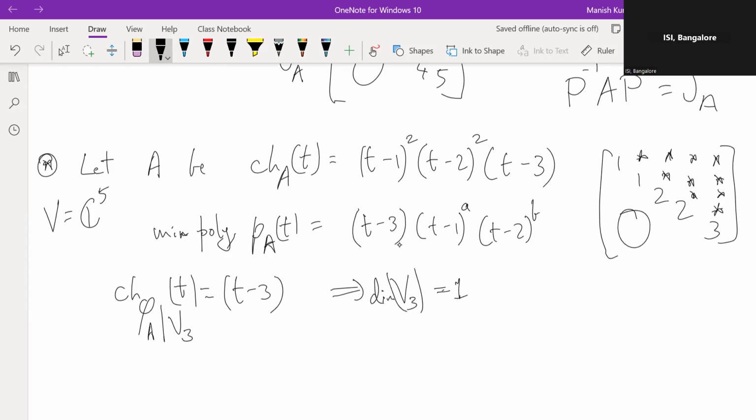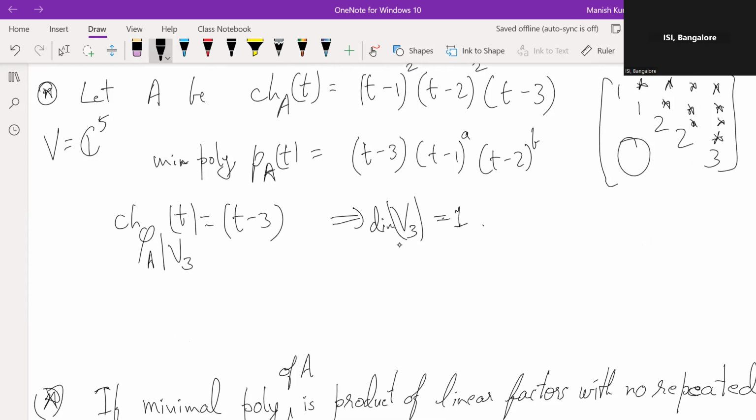So the only possibility is that one of the blocks has to be J_3(1), a Jordan block. So one of the Jordan blocks is J_3(1), a 1 by 1 matrix with entry 3.